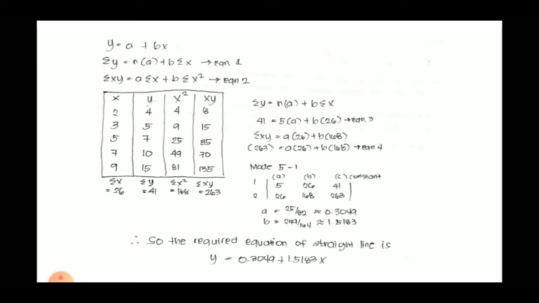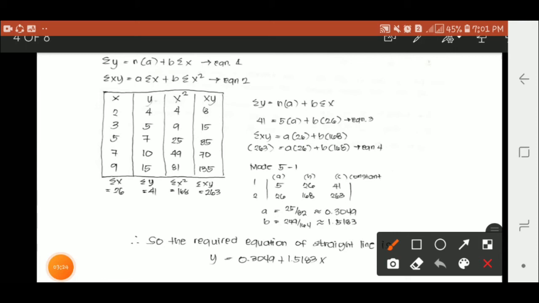First, we need the equation of a straight line, which is y equals a plus bx, where a is the y-intercept and b is the slope. These two equations are very important in the least squares method because in the exponential function or in the parabola, these two equations are also used. Same concept as with the straight line.